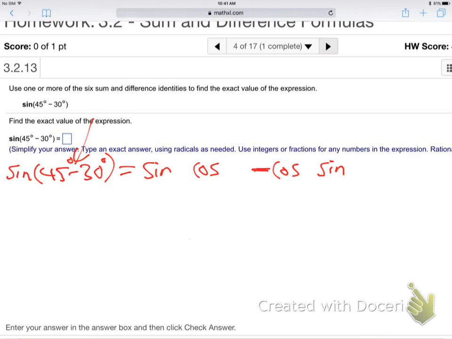And now just put in the angles. 45, 30, 45, 30.